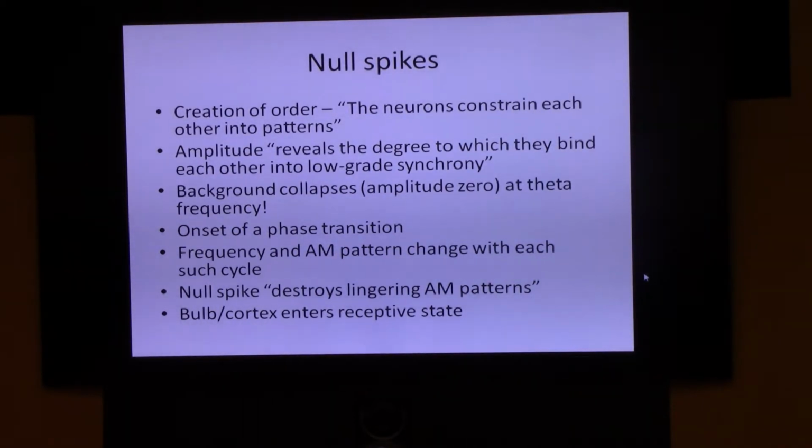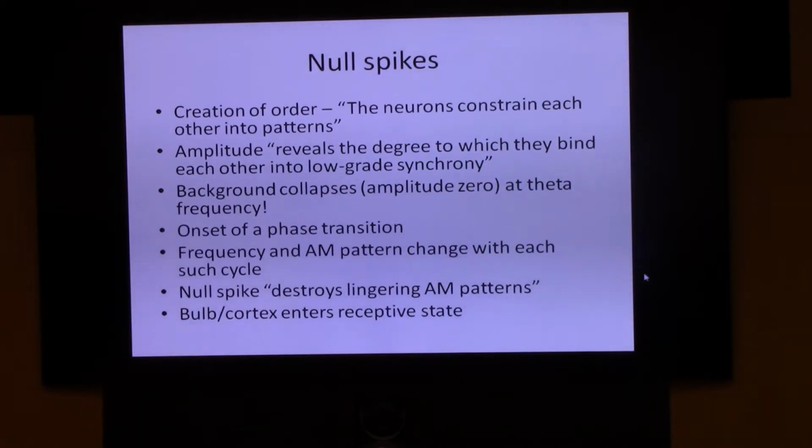The frequency is not exactly the same from cycle to cycle, from sniff to sniff. There's a sniff cycle, and he will later find that there's a connection between the rate of sniffing and the rate at which this happens. The AM pattern is never exactly the same, and the gamma frequency is never exactly the same.